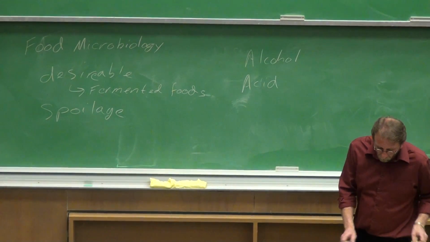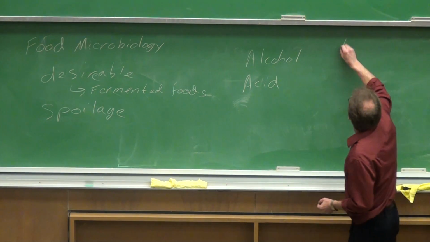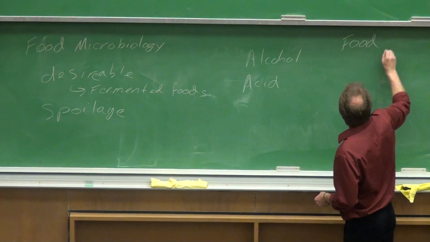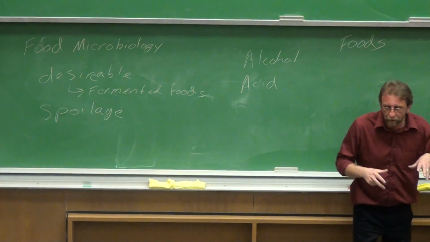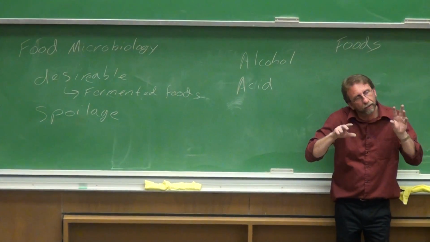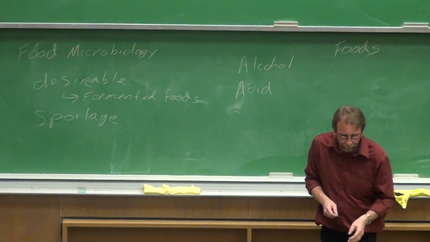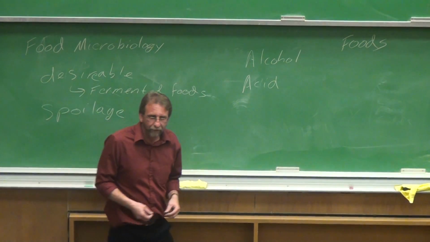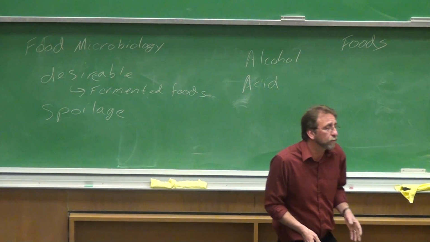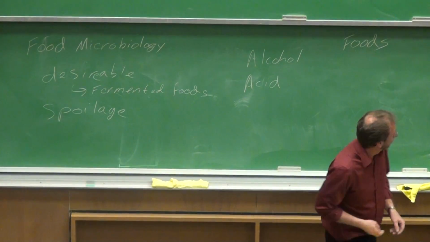Well, when we think about foods and bacteria growing on foods, we can realize that there are certain factors that are going to influence whether or not bacteria are able to grow on any particular food. Certain conditions are going to promote the activity of specific bacteria, but certain conditions will also inhibit the growth of microbes.